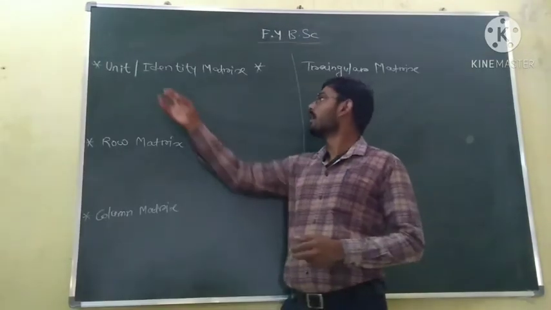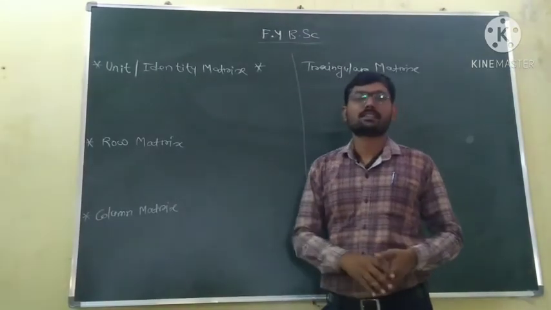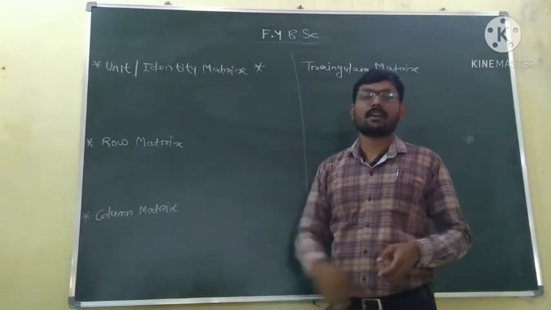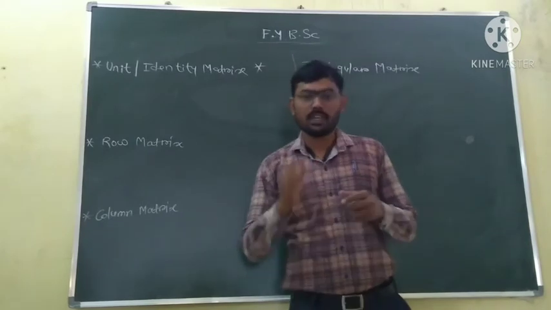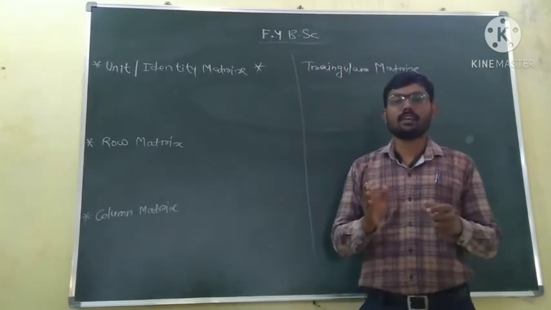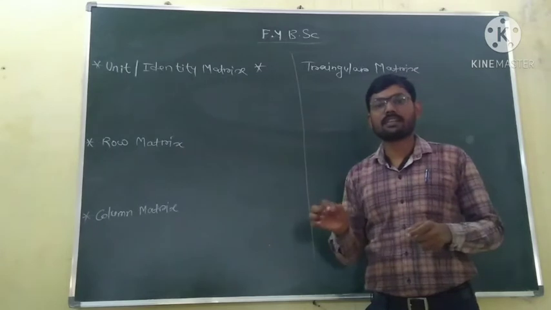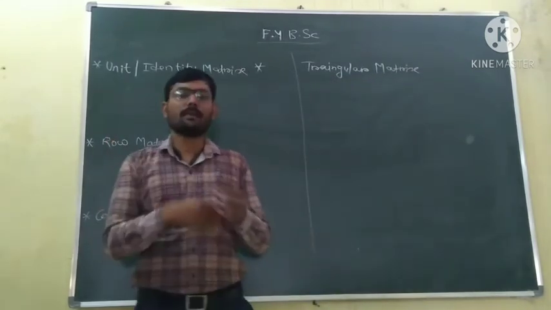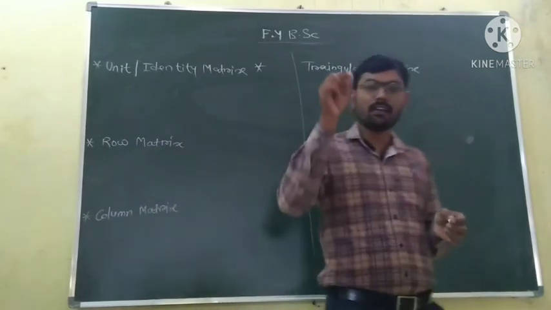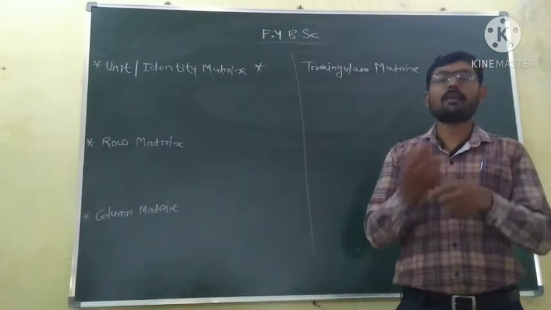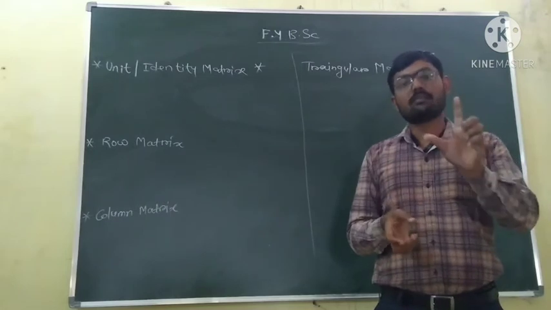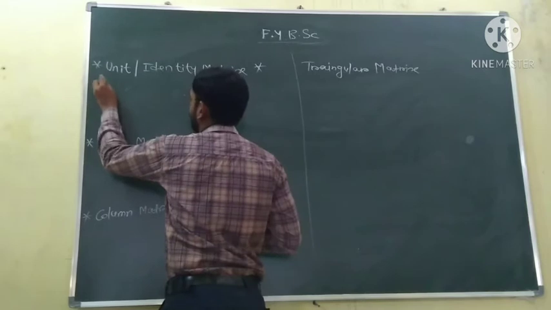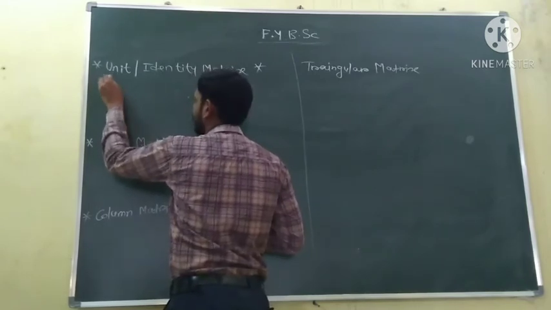The next type is the unit or identity matrix. Many students know this identity matrix. What is an identity or unit matrix? It is a diagonal matrix in which all the diagonal elements are equal to 1. So it is a subtype of the scalar matrix. What is a scalar matrix? All diagonal elements are equal. What is a unit matrix? All diagonal elements are equal, and equal to 1. A diagonal matrix is always a square matrix.